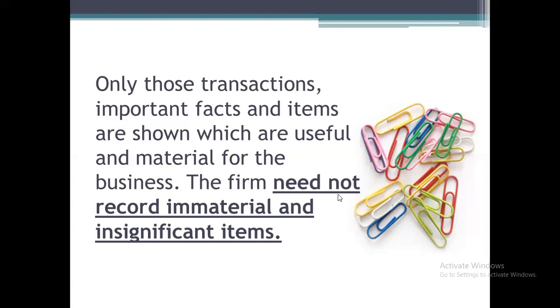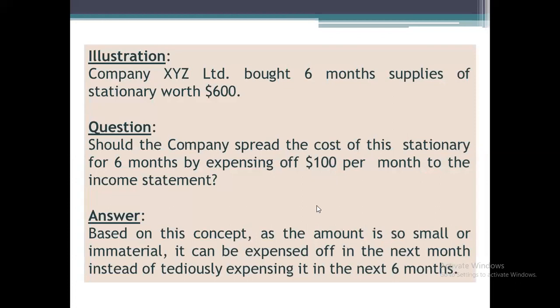In other words, I am saying all the immaterial things you can ignore that, right? For example, there is a company, say XYZ Limited, which has bought 600 worth of stationery for 6 months.